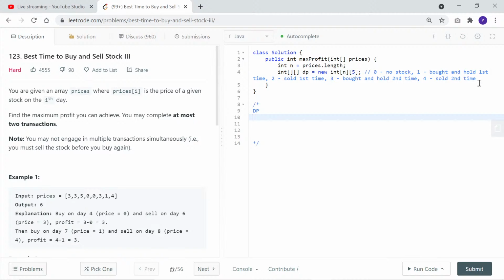And also we need to define some initial conditions. dp[0][0] must be 0.